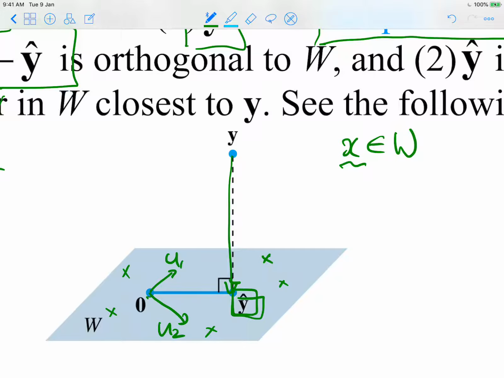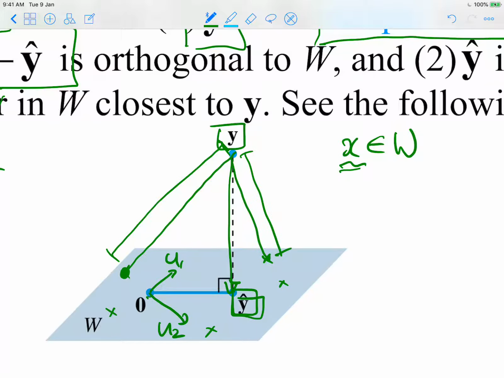But let's try to choose the vector X that is closest possible to our Y. So if we chose X over here, what is the distance between this X and Y? It will be the vector length of this line segment, right? And if we have to choose the vector X that has the minimum distance to Y, then it will be the orthogonal projection of Y onto the subspace W, which is Y hat.